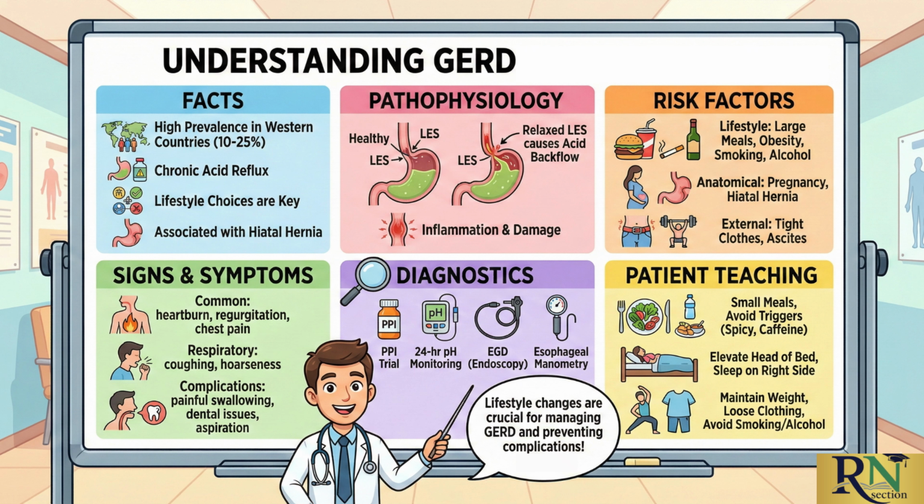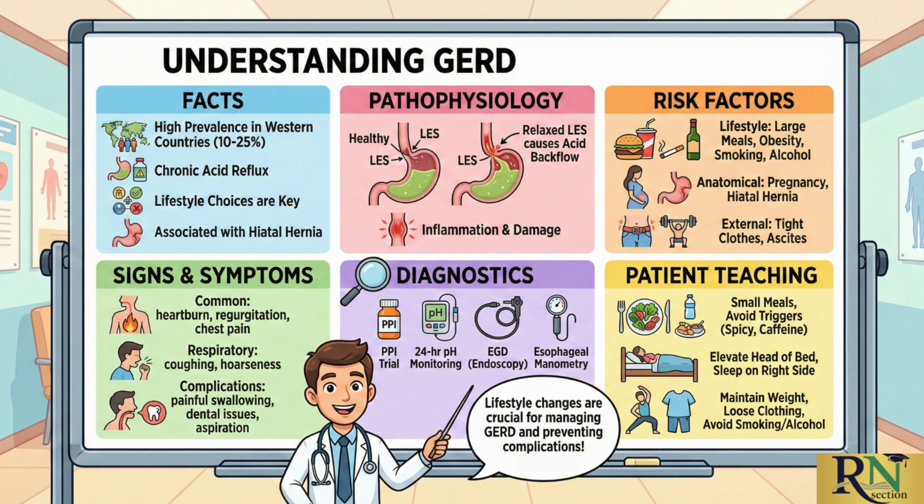Lifestyle: again, avoid smoking and alcohol, maintain an ideal body weight, and wear non-restrictive clothing to prevent increased intra-abdominal pressure. Take the meds, and avoid NSAIDs and aspirin if possible, as they can irritate the esophagus.